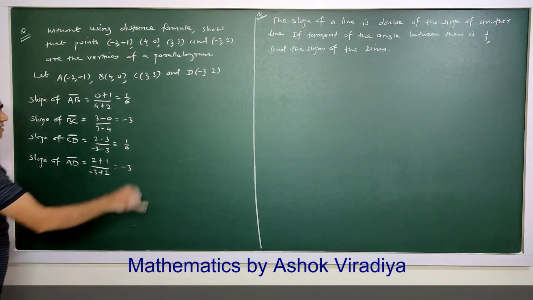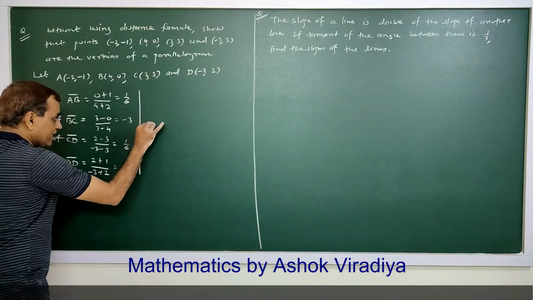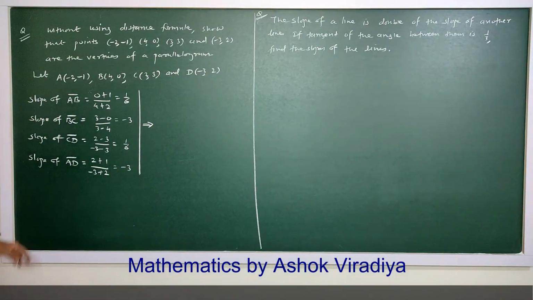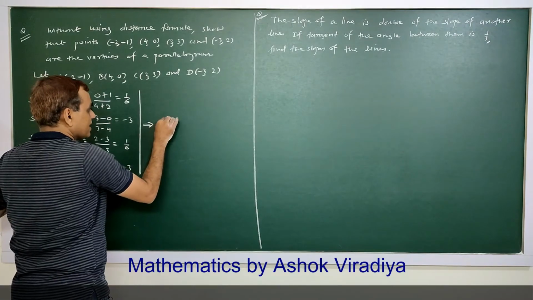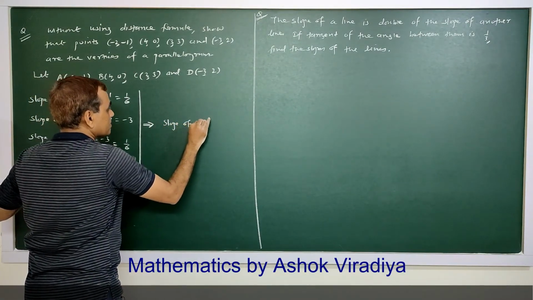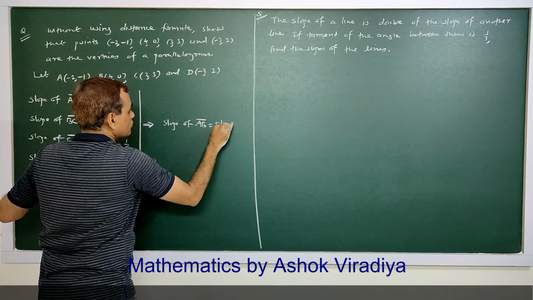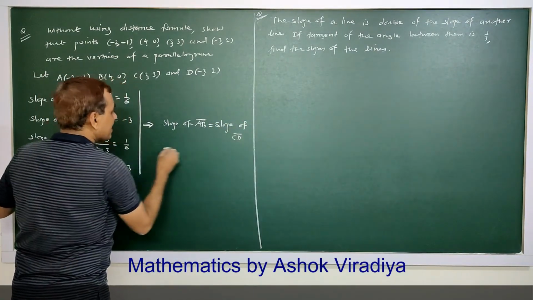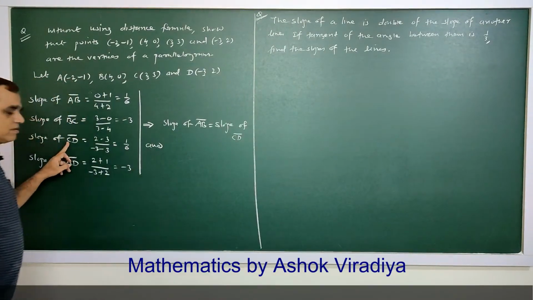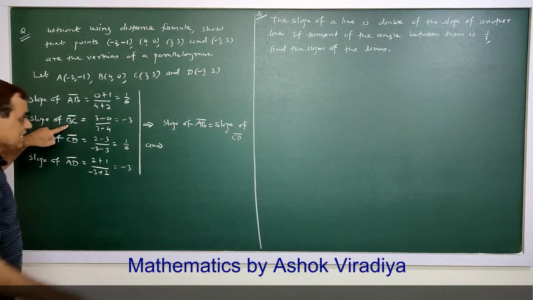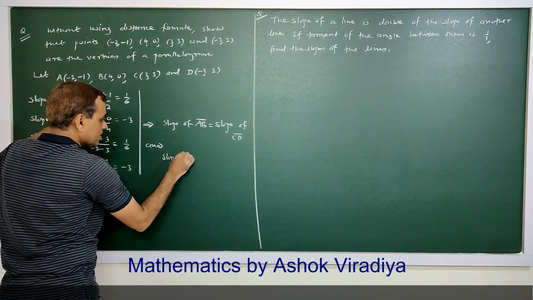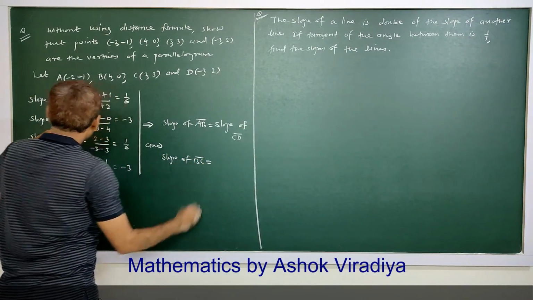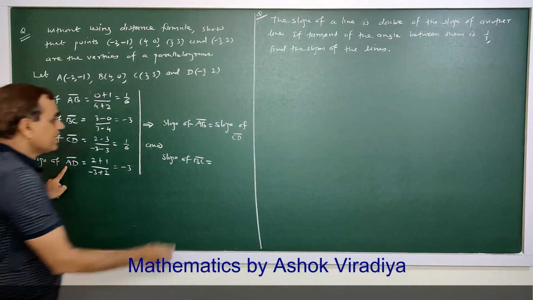Now from this calculation it is clear that slope of AB is equal to slope of CD, and slope of BC is equal to slope of AD.